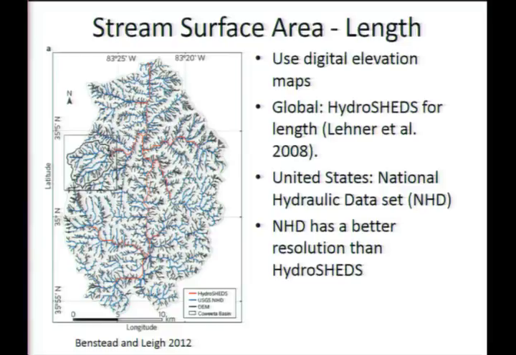The global data set is in red. This is a HydroSHEDS data set, which gives you spatial representation of really rivers. As you can see, it misses all the small streams, the headwater streams. And so this is the data set that we have to work with globally.